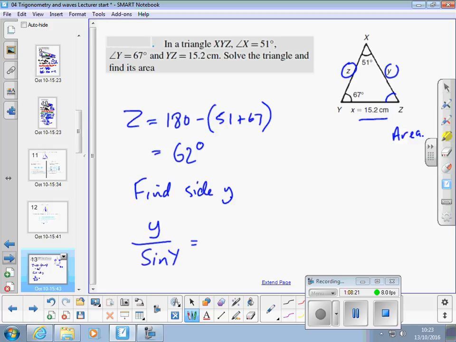So we're going to have to use the side X over sine X. Yeah? So we're choosing the two versions of the sine formula ratios that will help us to solve this problem. Yeah?